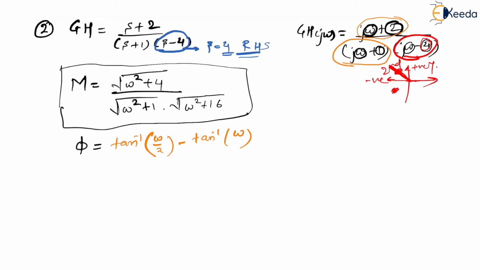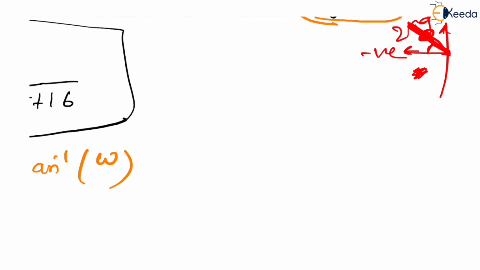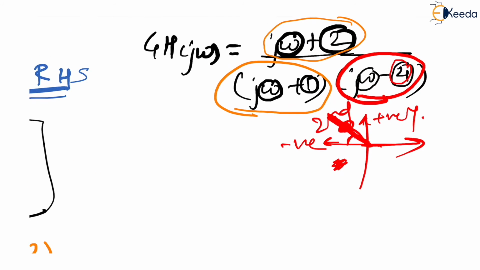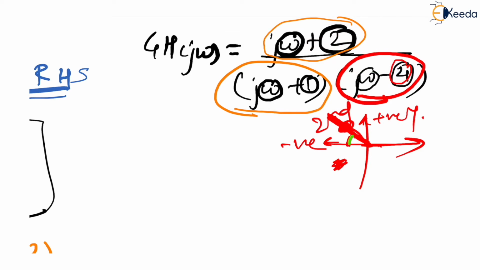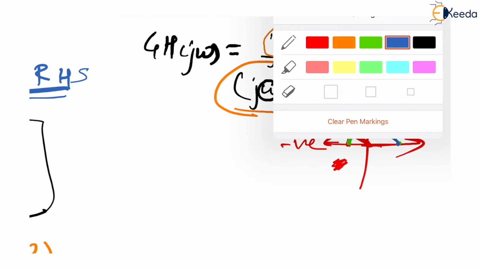So in such cases, what we do is we add 180 degrees, or the angle that we get is nothing but this. If you can see here, the angle that you get is this one, right? So that particular angle, because at the end you want this angle.